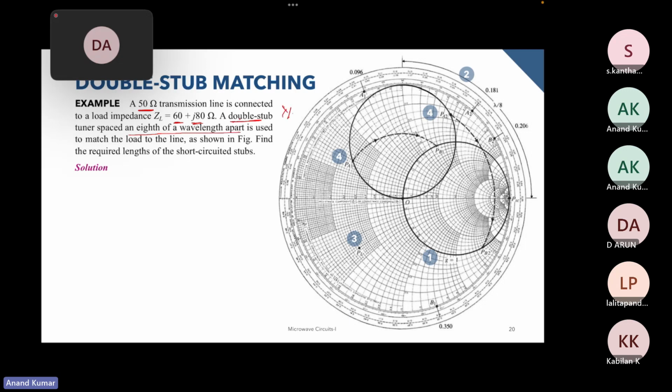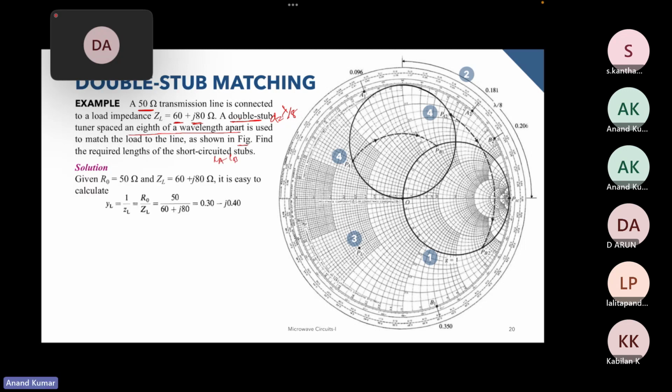So this is lambda by 8. So we have d equal to lambda by 8 used to match the load as shown in the figure. The figure was in the previous slide. Find the required lengths of the short circuited stubs. So we have two stubs, right? So we have to calculate LA and LB.